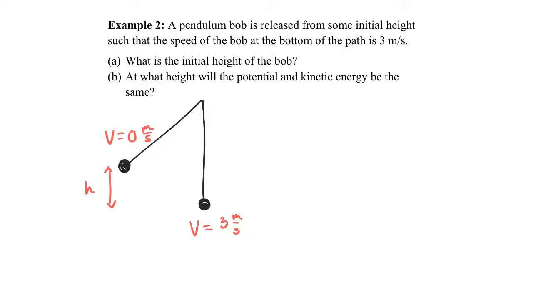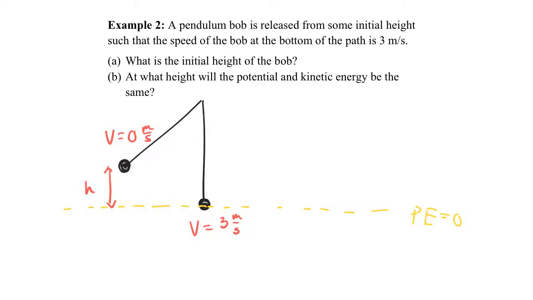So in this problem, we have the beginning and the end. So it would make sense for me to call the bottom of this path ground level. And then this problem is just the same as the last problem.